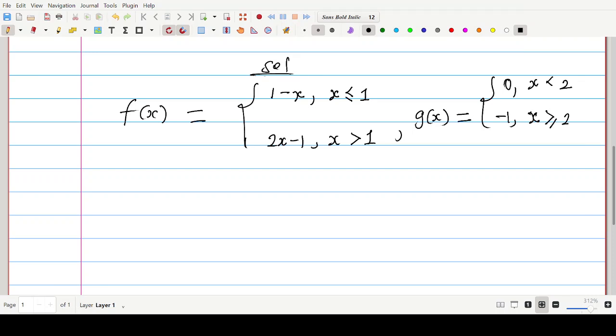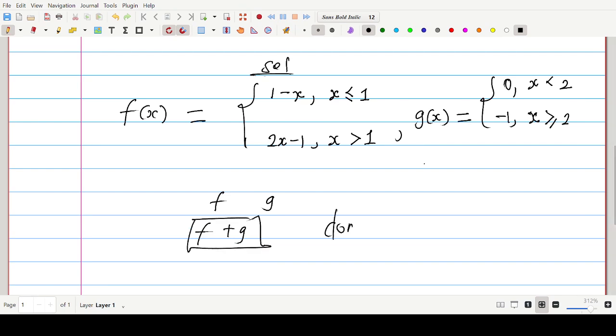It is very important to consider the domain of a function when dealing with it. Now, for us to find the sum f plus g, we must consider the domains of g and f and look for the intersection of the domains. Because if we have a function f and a function g, in order to find f plus g, it must be defined on the domain.